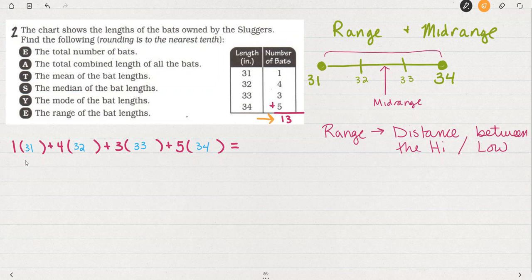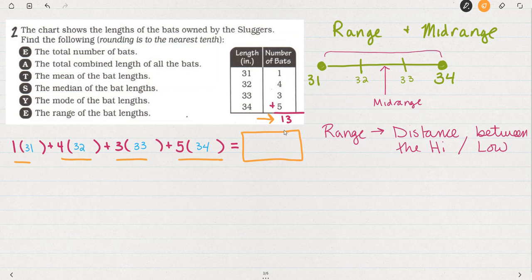We'd have 31 inches plus 32 four times, plus 33 three times, plus 34 five times. So if we do this multiplication and then add, we could get the total length of all the bats, or in other words, if the bats were placed head to tail in a long straight line, how long would that nasty line run?